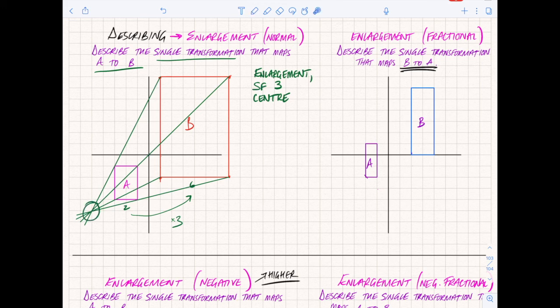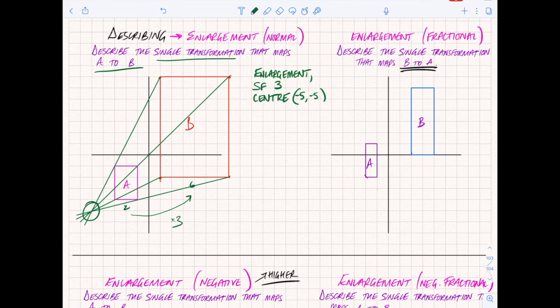So if I now, using the same scale, that's 1, 2, 3, 4, 5, that's -5. And then count down 1, 2, 3, 4, 5. So my centre would be -5, -5. So it's effectively the same as what we just done, but working backwards. Okay. So drawing those lines will give you a centre. Find your scale factor by matching up a side, and always write the word enlargement.